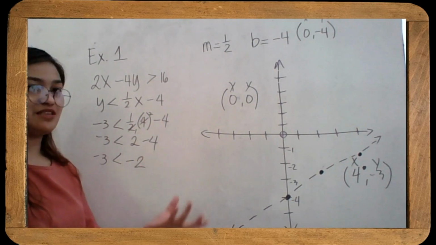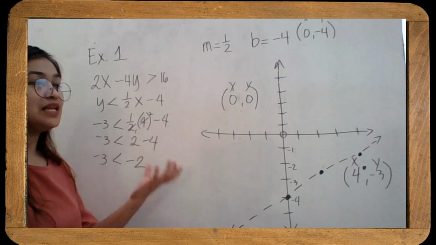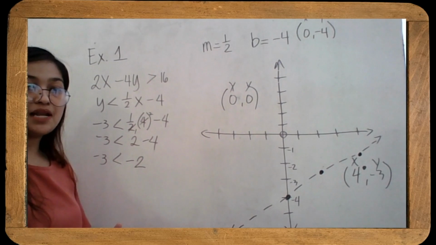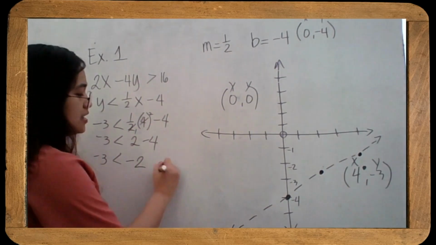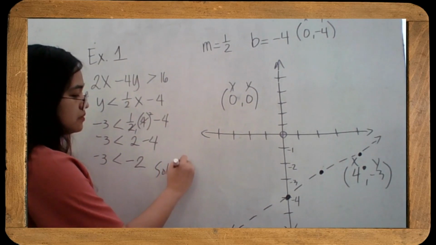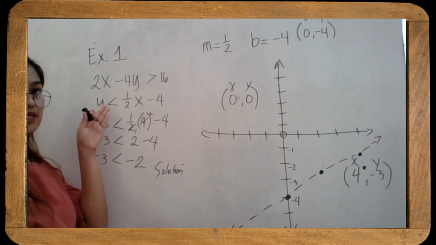Unlike sa positive, kung alin ang malaking number, siya yung malaki ang value. Kabaligtaran ng ating negative. So, this is a solution. That means it satisfies this inequality.